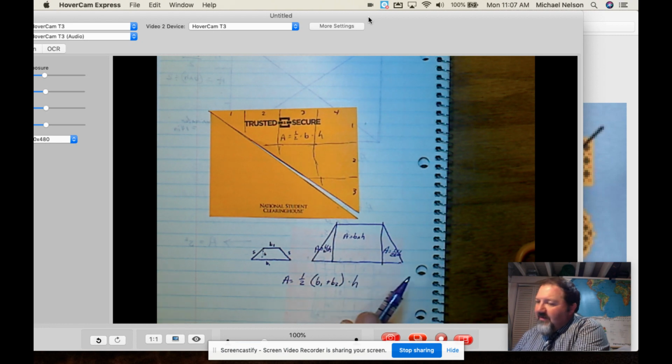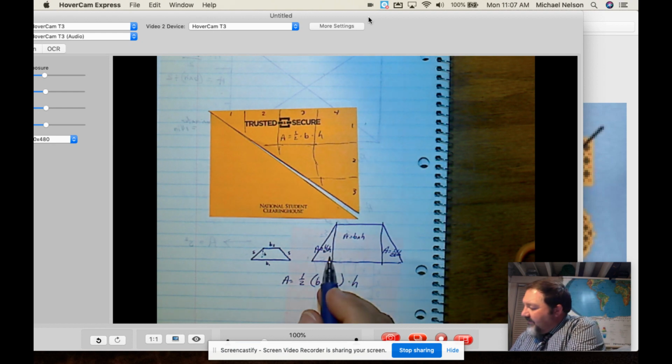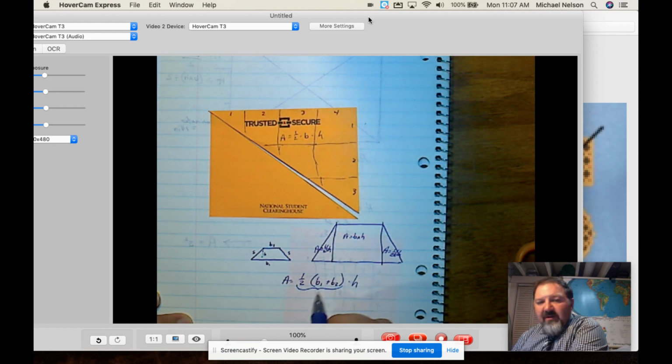Now, what this part of the equation actually represents, remember all that work we did with averages? This is actually finding the average of the two bases. So there's base 1 and base 2. You add them together and divide by 2. You're actually finding the average of the bases. So it's 1/2 of base 1 plus base 2 times your height.